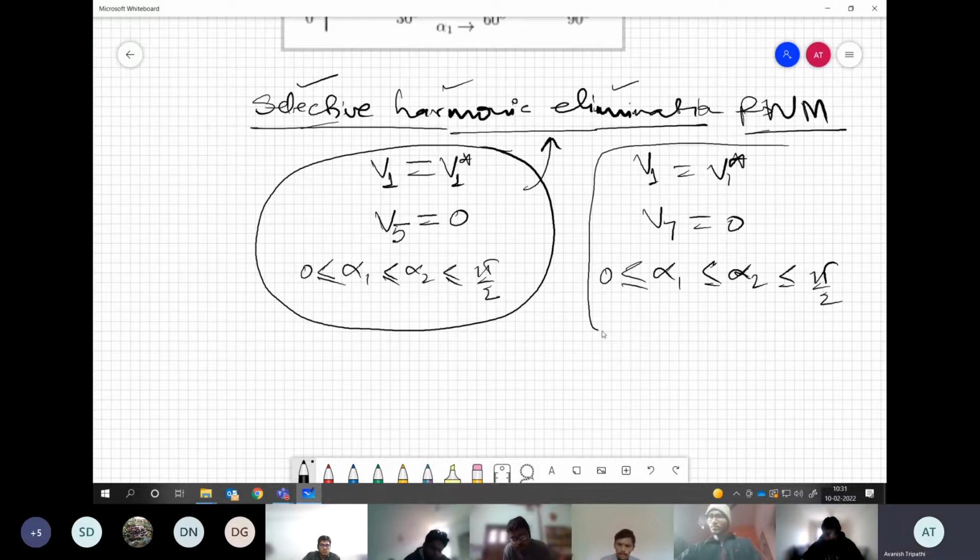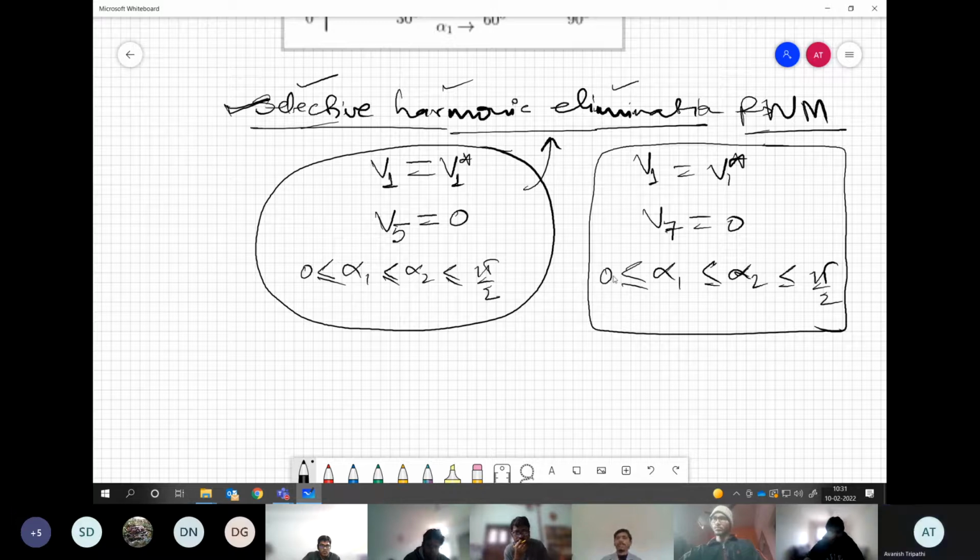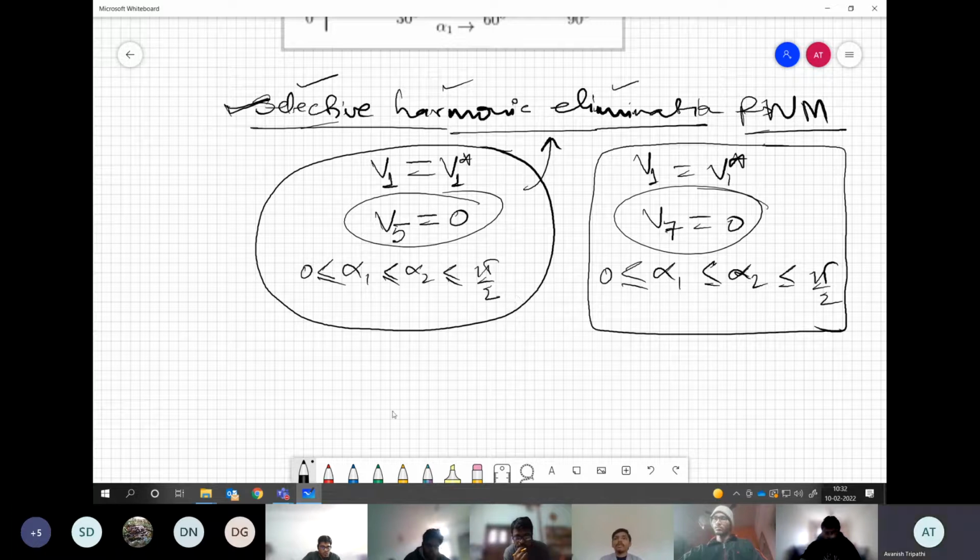This is another PWM technique which falls under the broader name selective harmonic elimination. You understand the point? Now question comes, can I eliminate more than one harmonic? Why just one harmonic, V5 or V7? Can I eliminate more than one?